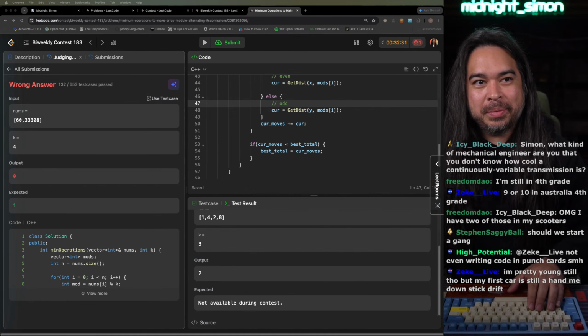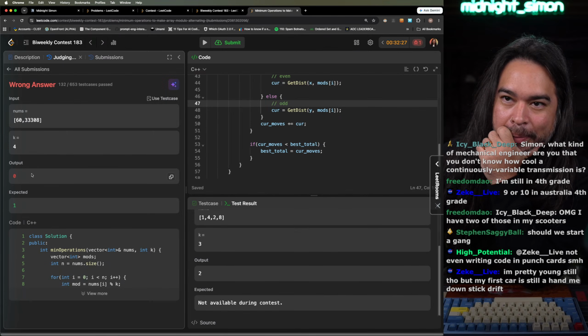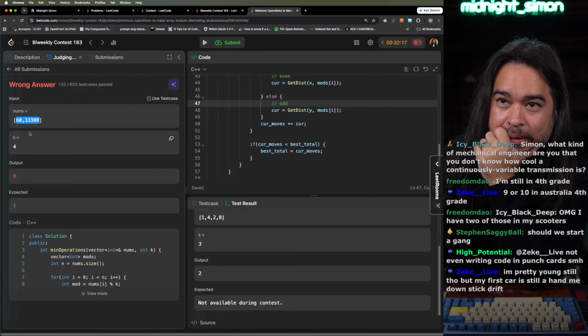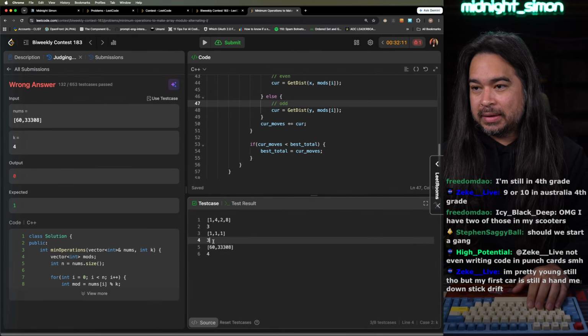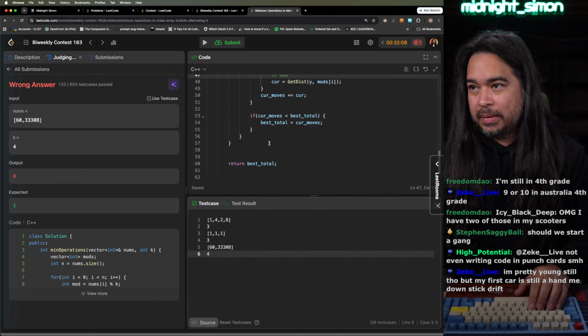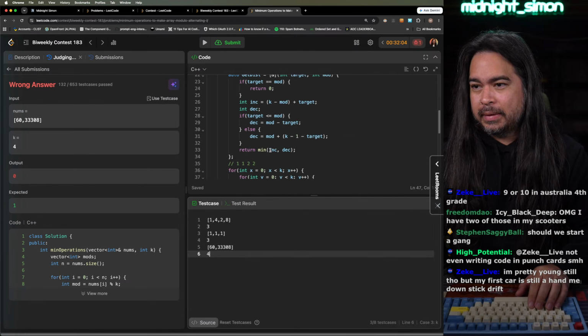What would we do? Alright, I gotta figure out this problem, man. So the answer is 1 move, but I'm saying 0. It's k equal 4. Let's just use this test case. k is 4.